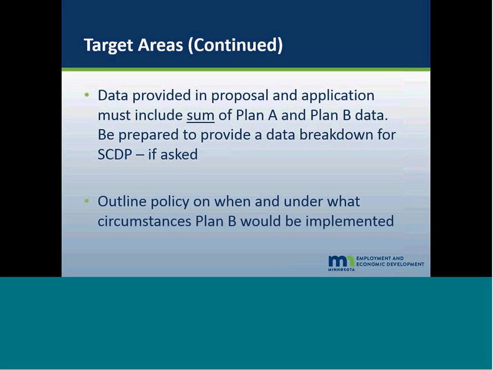So if there are any questions about that, make sure you talk to one of us about exactly how we want that information presented. We want a breakdown, so make sure your information is broken down on your end if need be.